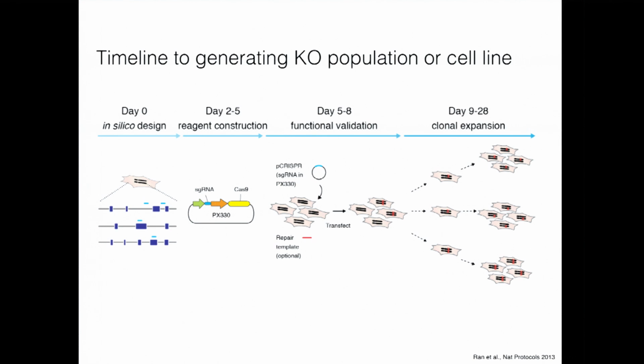Deliver those into a cell line, and then either we can read out directly what the rate of editing is, or we can use individual cells in that cell line to create clonal expansions for downstream experiments. At least the first 3 steps usually take about a week, and then the clonal expansion takes a little bit longer for the cells to grow and to validate the cell line.